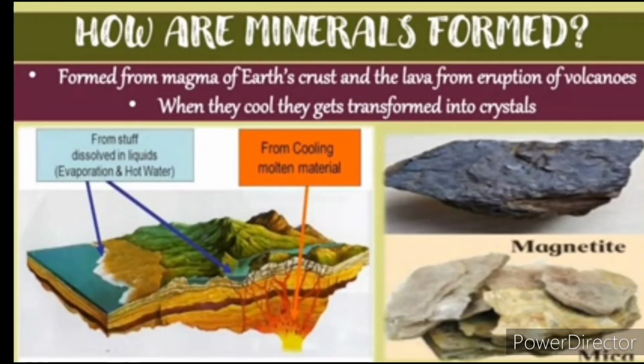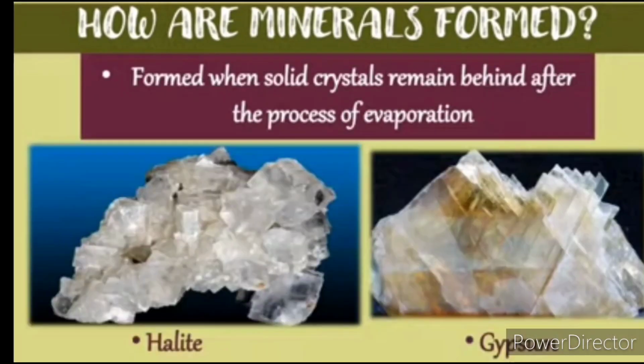Let's see how minerals are formed. Minerals are formed from the magma in the earth's crust and the lava from the eruption of volcanoes, which cool and get transformed into crystals. They also form when crystals remain behind after the process of evaporation, like halite and gypsum.